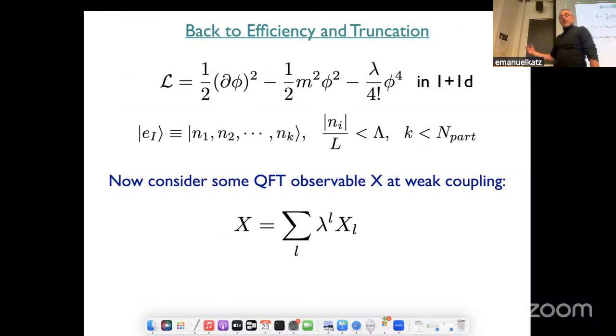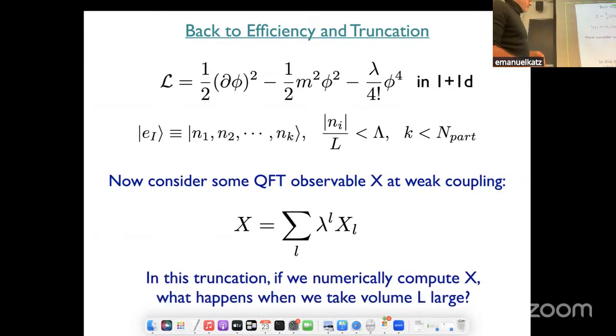What is the connection between the two? One idea would be that we compute in perturbation theory, using Feynman diagrams, some observable order by order in the coupling. Another is we use a particular type of truncation, and we just choose the coupling to be small. I want to understand the connection between these two approaches.